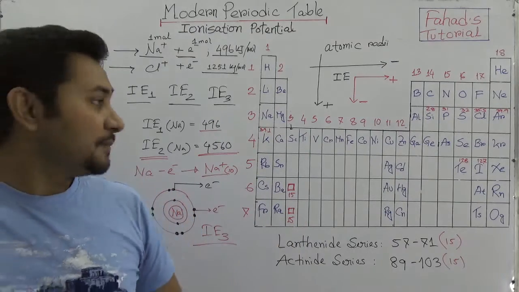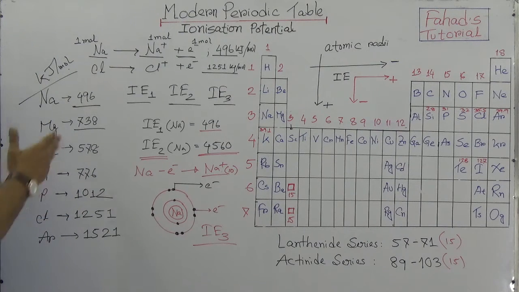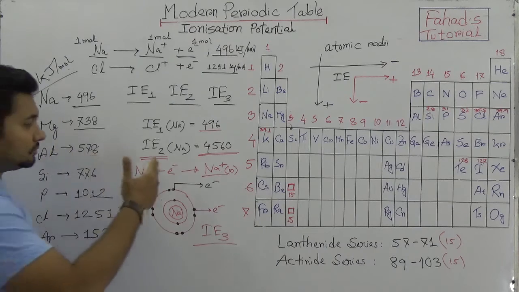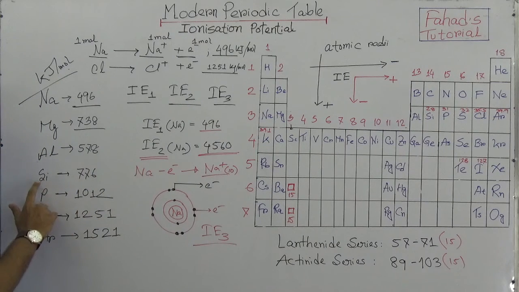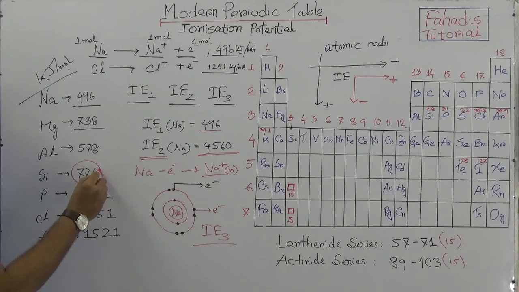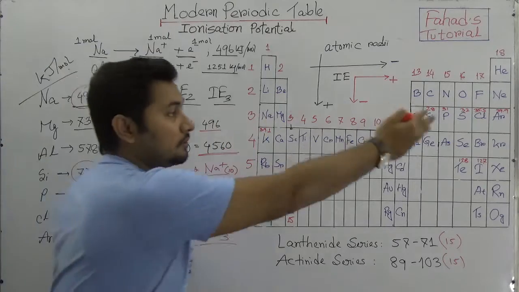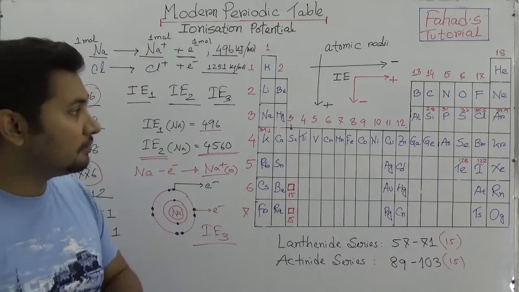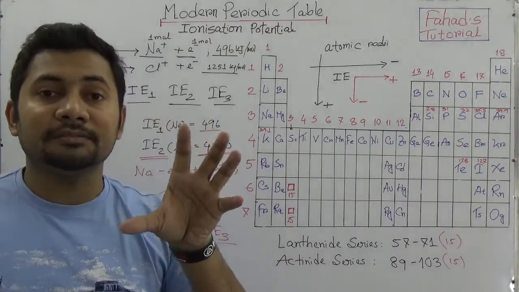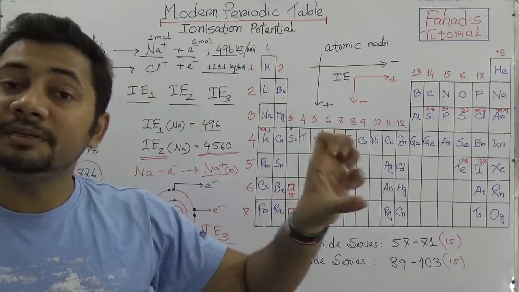So if you see the ionization energy, usually the ionization energy of silicon is 776, and sodium is 496.